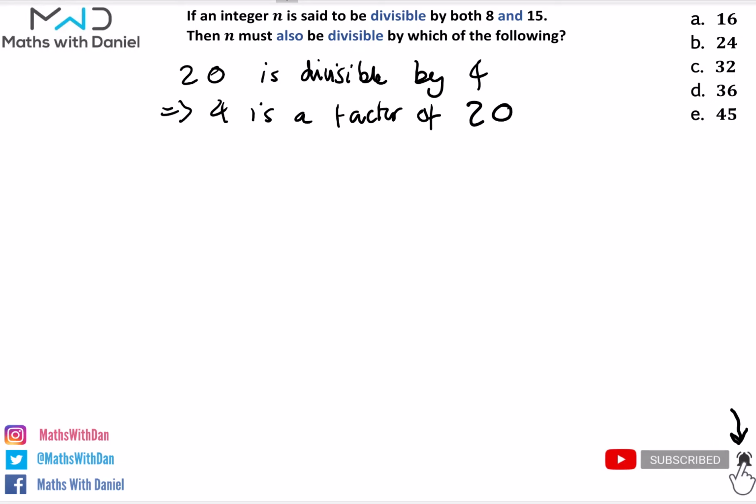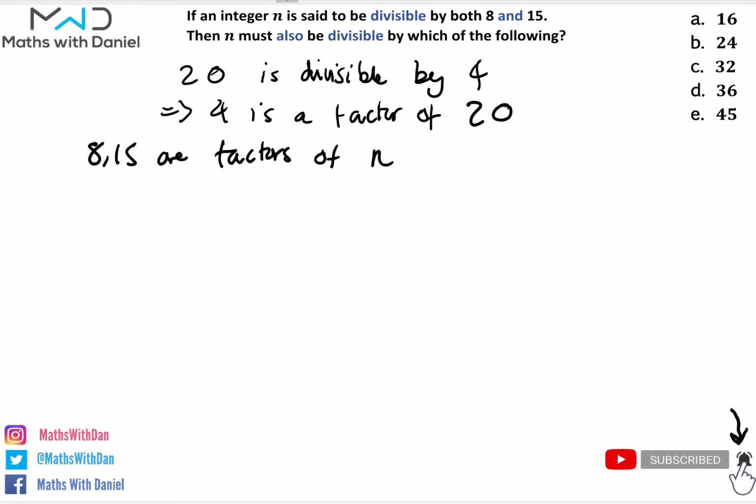So based on that, we know for sure that 8 and 15 are factors of n. We don't know what the number n is, but we know that 8 and 15 are factors of n. Remember, the product of two factors is also a factor of that same number.